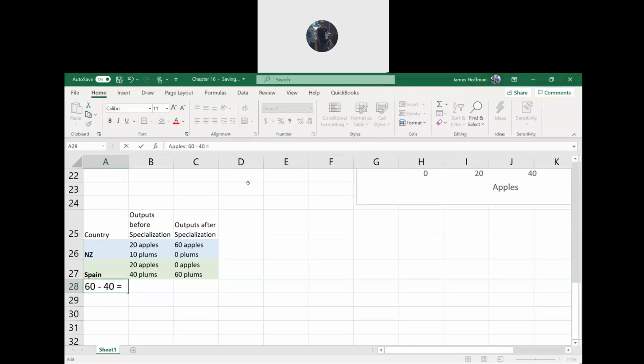After specialization, we had 60. Initially, we had 40. So the gain, or the difference, is 20 apples.